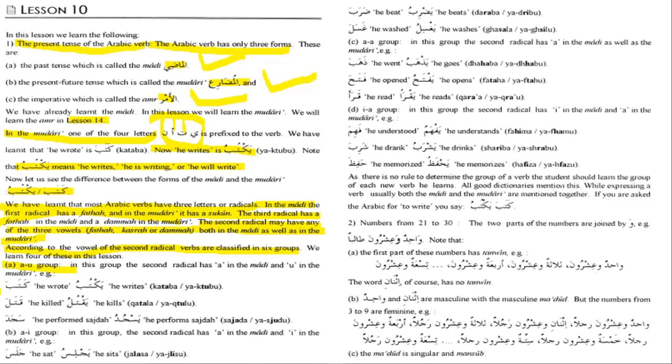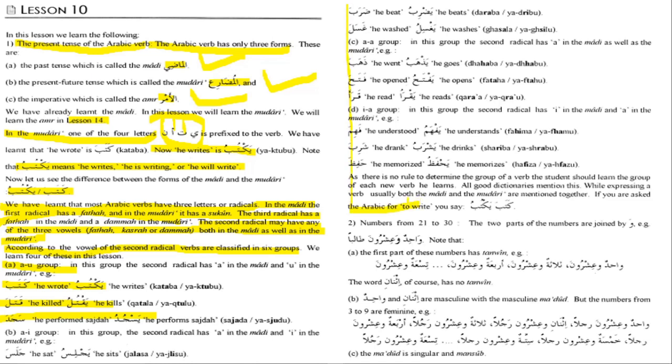Kataba yaktubu is an example, qatala yaqtulu, sajada yasjudu. And then you learn the fatha to kasra group, fa'ala yaf'ilu, which is jalasa yajlisu. And I think we've covered all of the groups, alhamdulillah.